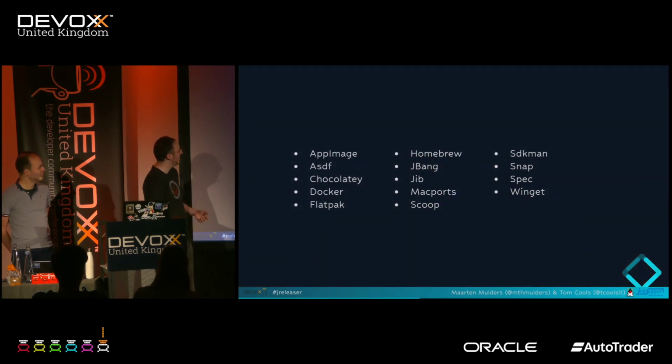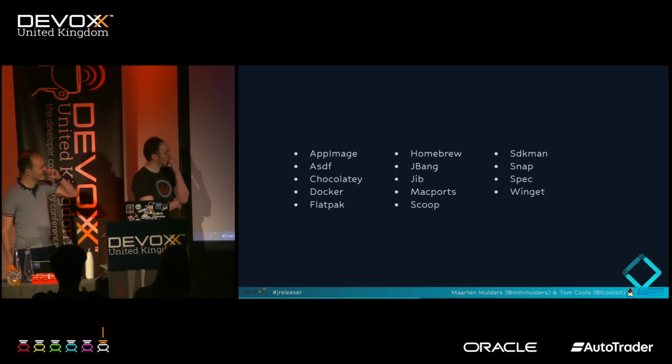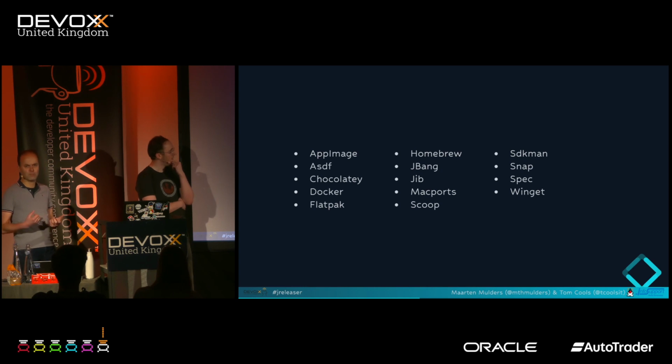Yes, and many more. I think this is the most up-to-date list as of now. There's quite a few, and there's even quite a few that I never heard about. Scoop, for instance, was relatively new for me, so I added that only recently. But not all distribution types make sense. For instance, if I have a Windows executable, it doesn't make sense to ship that through MacPorts.